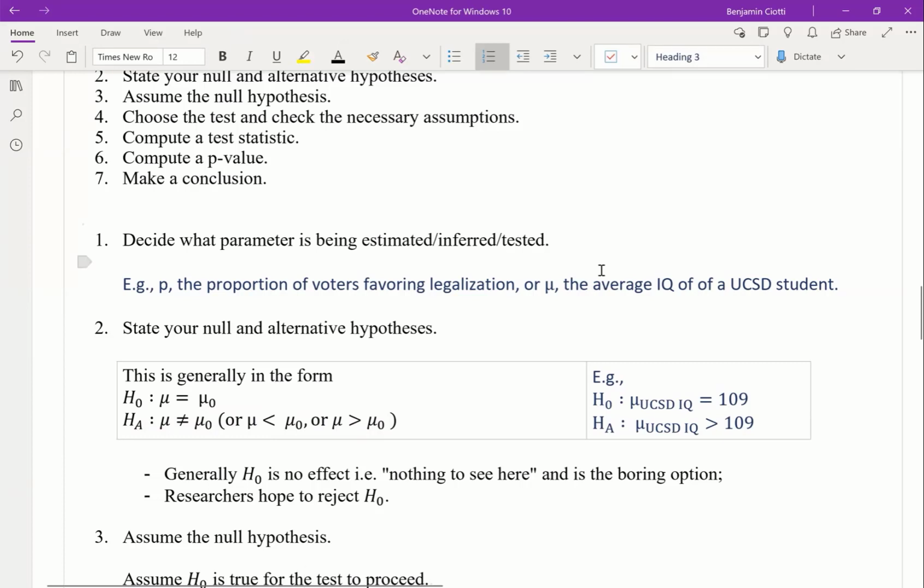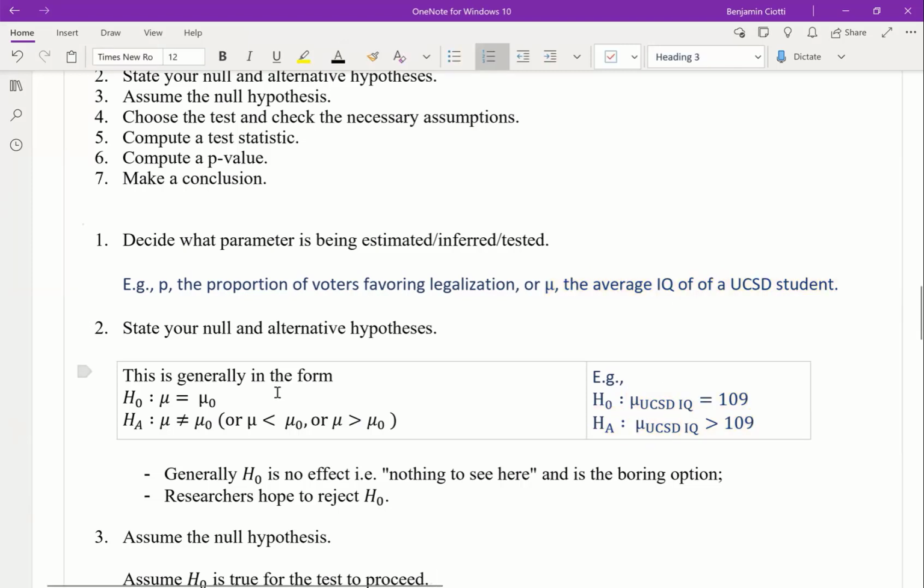Like in the earlier example where I mentioned the average IQ of a UCSD student, maybe you believe that it's actually higher than 109. So if you're told that it's equal to 109 and you believe that it might be higher than 109, then this would be the appropriate alternate hypothesis.